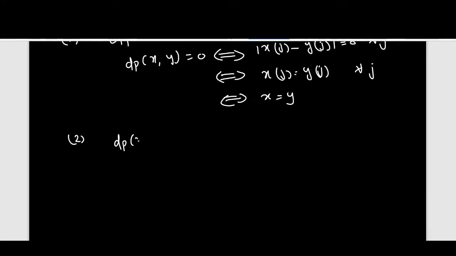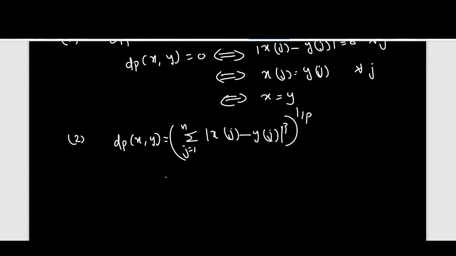We have d_p(x,y) equal to, by definition, summation j varies from 1 to n, |x_j minus y_j|^p, whole raised to 1 by p. This can be written as summation j varies from 1 to n, reordering, |y_j minus x_j|^p, whole raised to 1 by p.